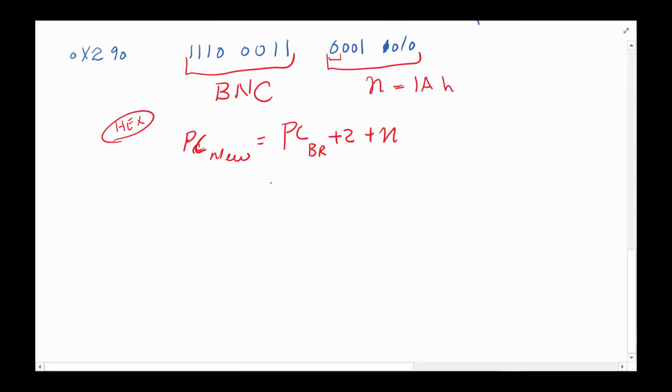So PC new is going to be 290 hex, the current location of the PC where the branch is, plus 2 plus 1A. Okay? So now if we add all of these together, A and 2, that is 10, 11, 12, so that will be a C. 1 and 9 gives us A, and 2 stays as 2. So this is the new location it jumps to.